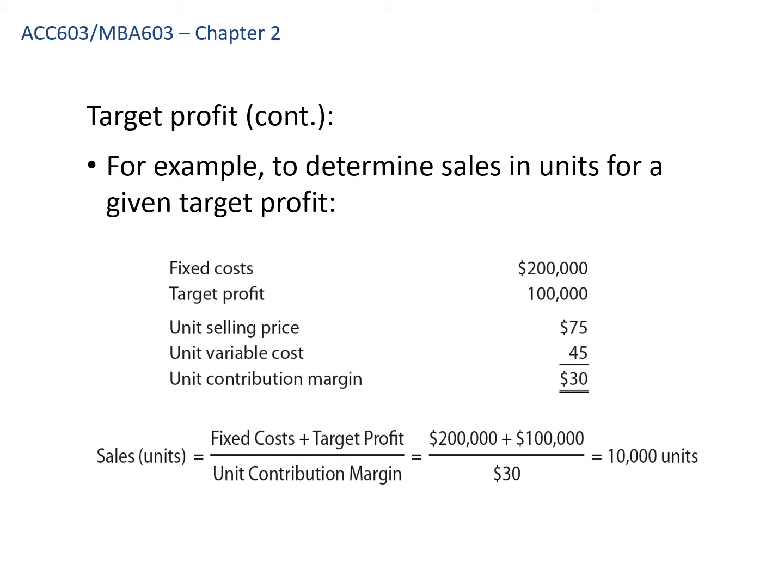So we want to know the number of units that we're going to have to sell in order for that to happen. So our sales in units is going to be $300,000, fixed cost plus target profit, divided by the $30 that each unit is going to give us. We'll have to sell 10,000 units in order to reach that target. You can see that's a really useful piece of information for a lot of companies to have.